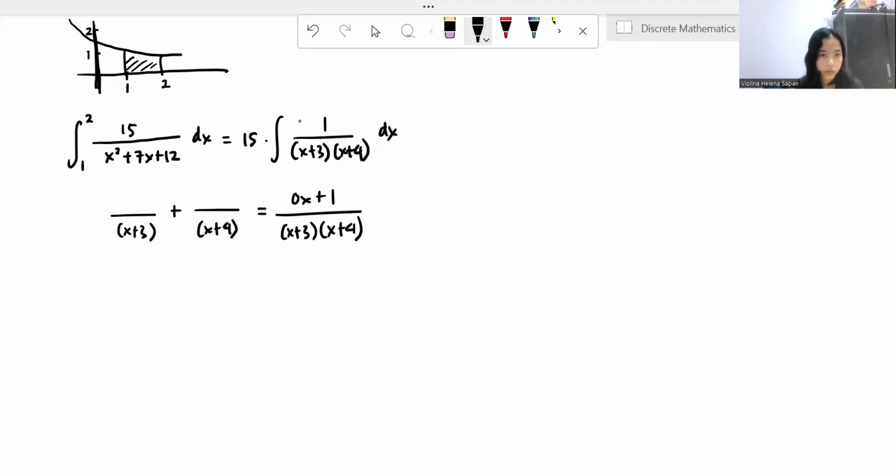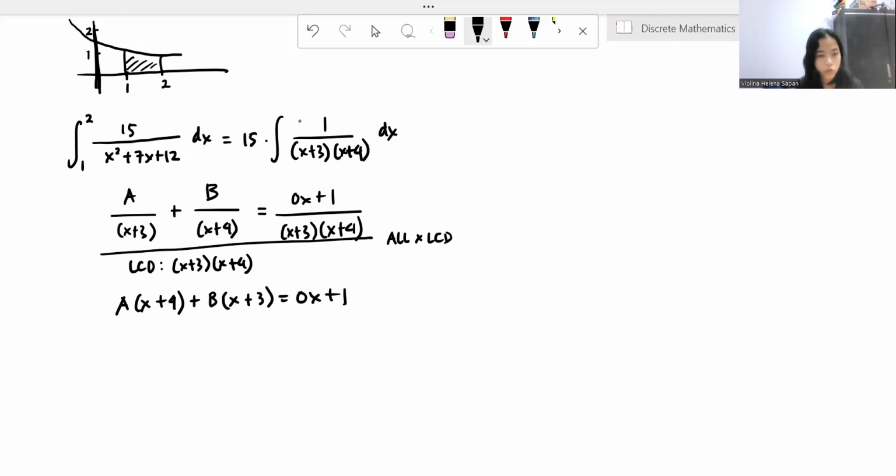We can write a and b here. To clear the denominator, we need to multiply both sides with the LCD, the least common denominator. In this case, the least common denominator is x plus 3 times x plus 4. After we multiply both sides, we will get this equation.